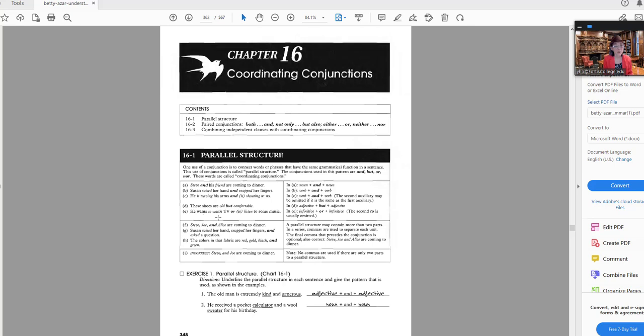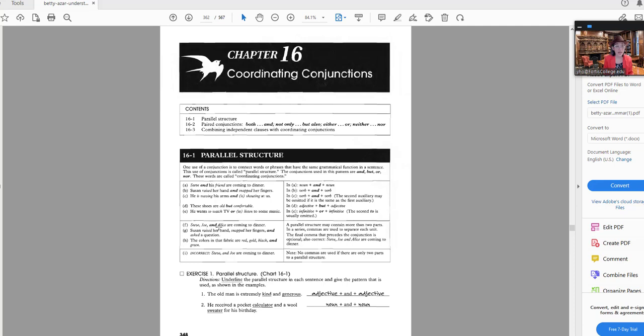That's called parallel structure because you have infinitive and infinitive. These shoes are old but comfortable. Here you have adjective and adjective. He is waving his arms and shouting at us. Here you have gerund and gerund. So always you have to have them match.